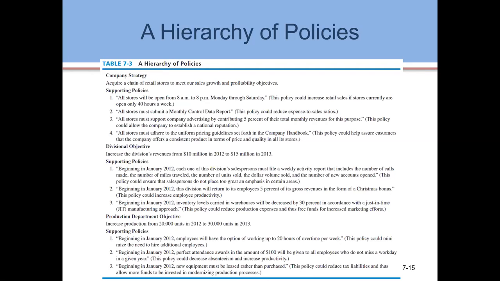And our supporting policies related to the divisional level objectives would be that beginning in January 2012, each one of this division's salespersons must file a weekly activity report that includes the number of calls made, the number of miles traveled, the number of units sold, the dollar volume sold, and the number of new accounts opened.